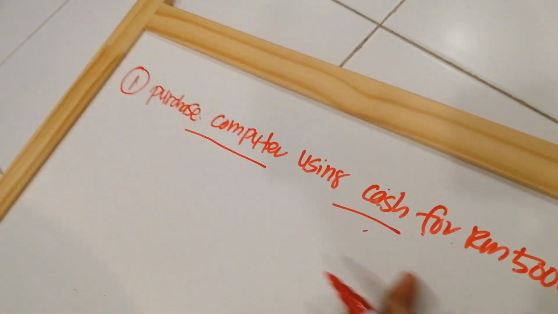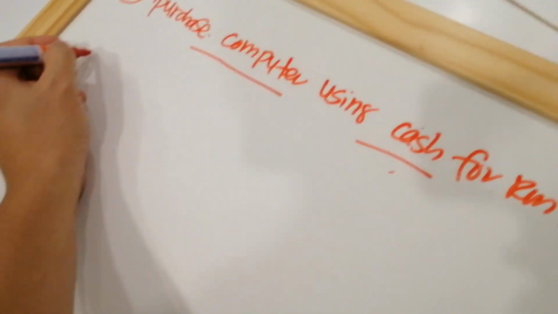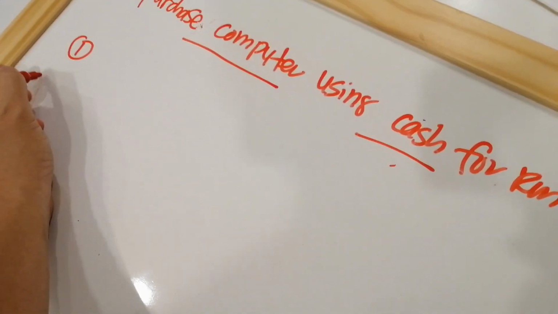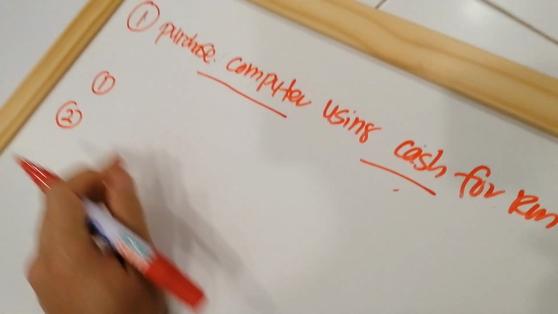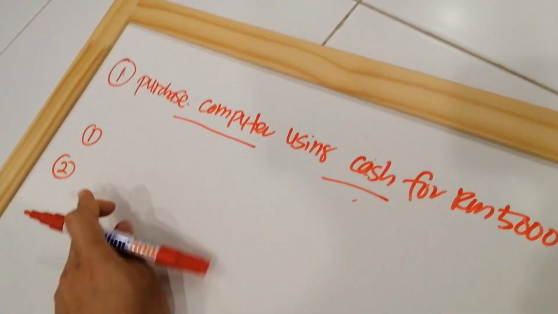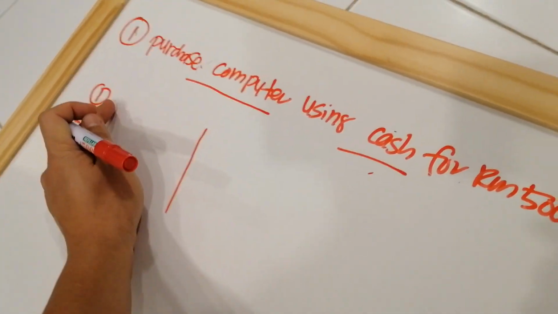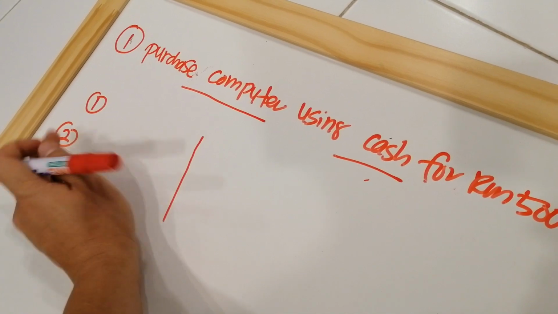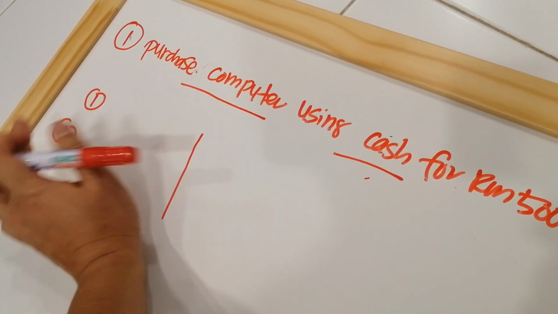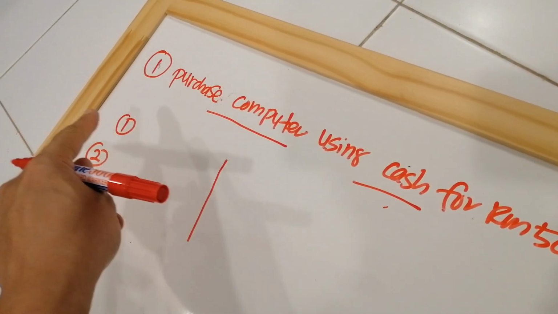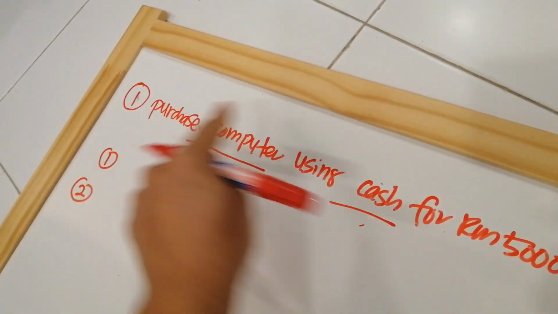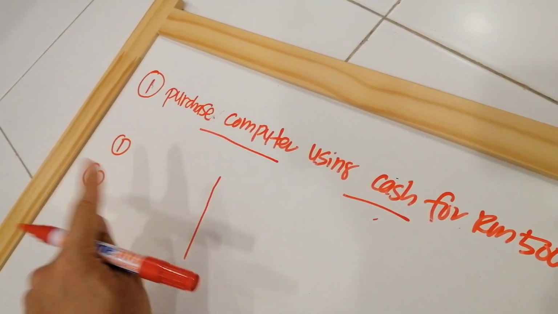Bila you dapat these transactions, you can identify 2 items. Every transaction must have 2 items. Why? Because the first item or the second item akan represent debit or credit. Sebab debit ada credit 2. So, that's why we have 2 items. Every transaction, remember, we have 2 items.